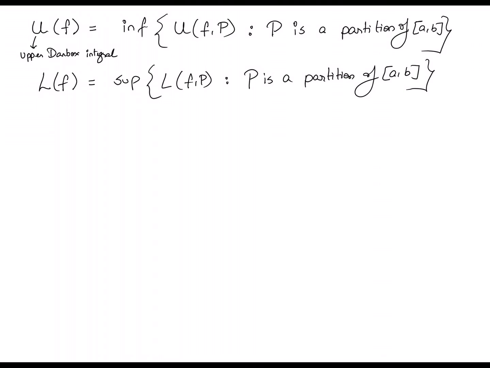This infimum is always going to be cleanly defined because we have assumed that our function f is bounded, and remember we gave a lower bound. U(f, P) and L(f, P) are bounded objects, which means that these infs and sups are going to be real numbers given that the function under consideration is bounded. Similarly, this L(f) is called the lower Darboux integral.